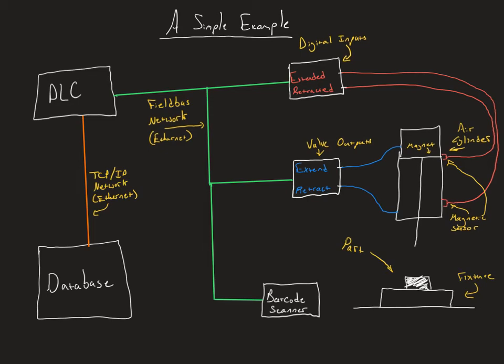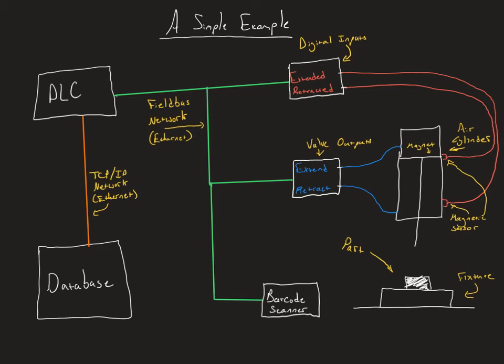So we have an Ethernet cable, and that's what this green represents. This Ethernet cable is using a field bus protocol, and a field bus protocol could be Ethernet IP or Profinet.